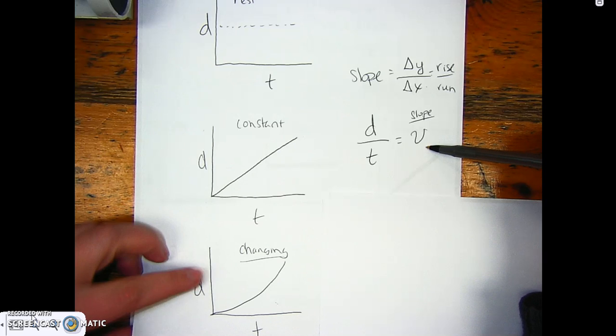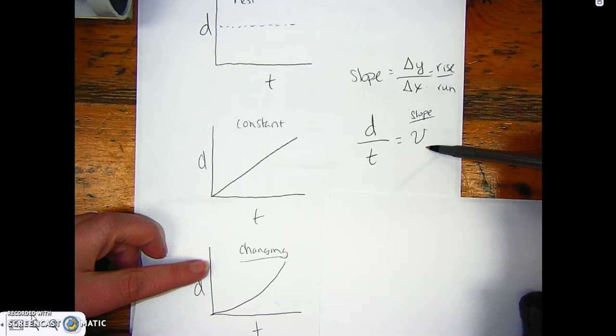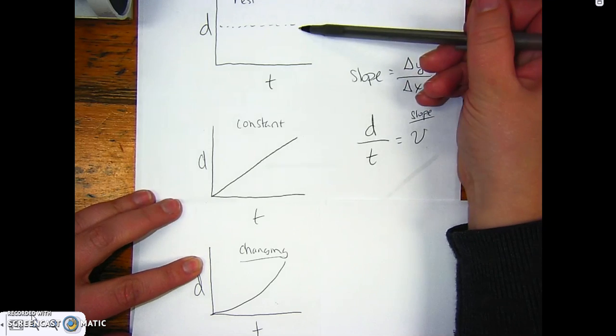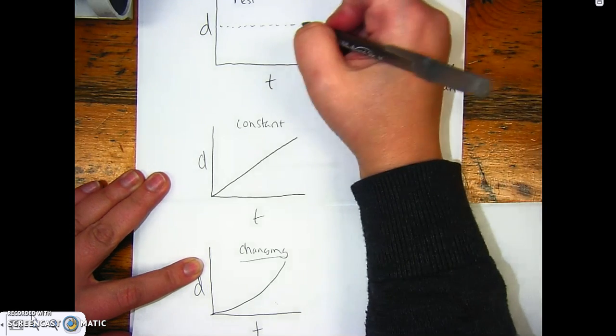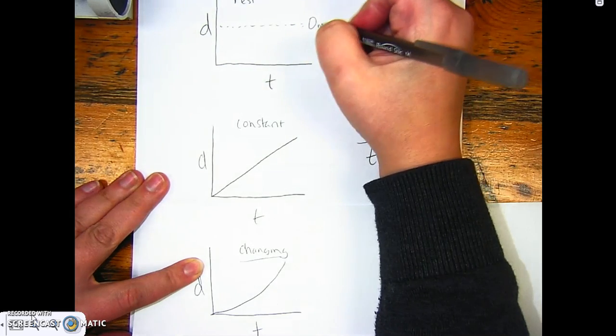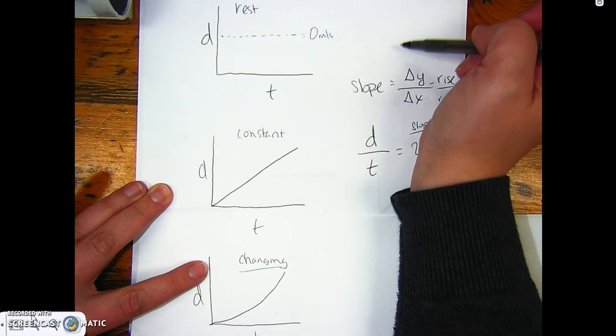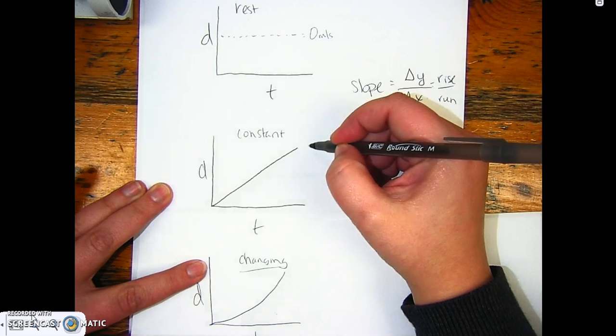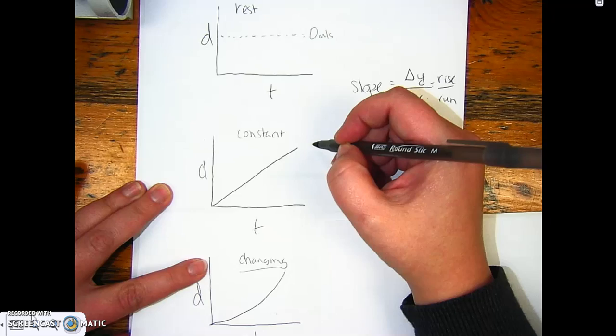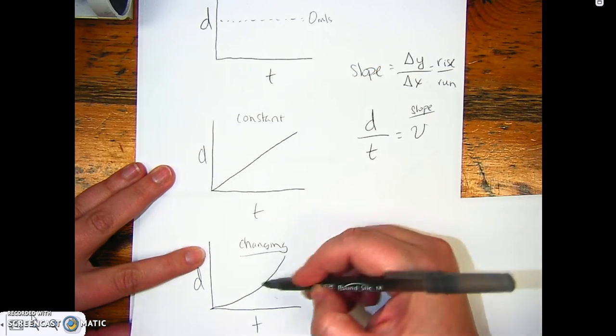All right, so then let's go ahead and take a look at what it means when we are changing our velocity over time. So here we can see that the slope the entire time is equal to 0. So that makes sense because you are at rest, right? So you're going 0 meters per second. Whereas here you have some constant positive velocity, whereas here it's changing.